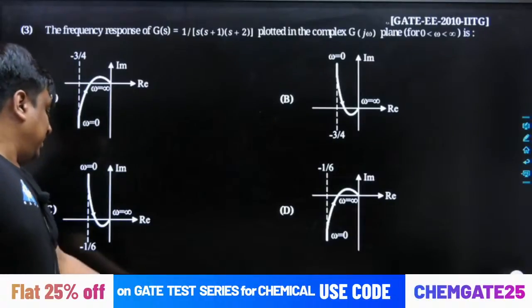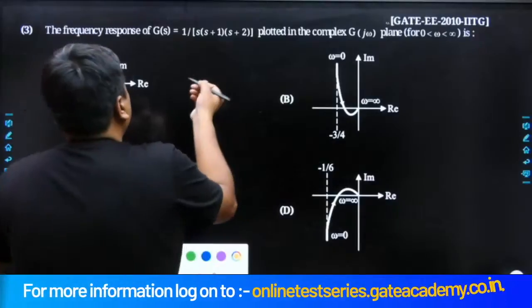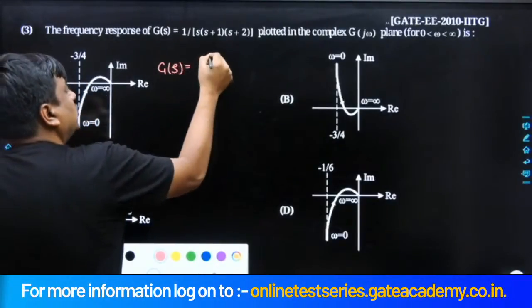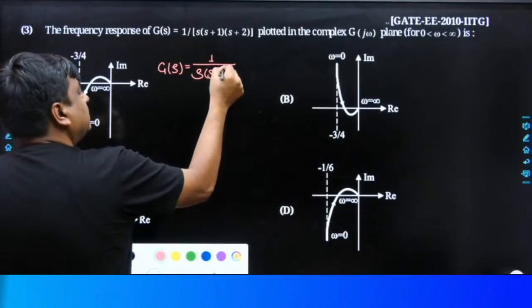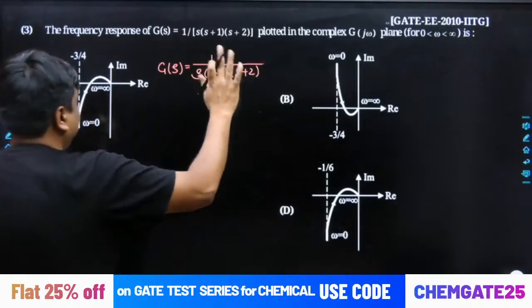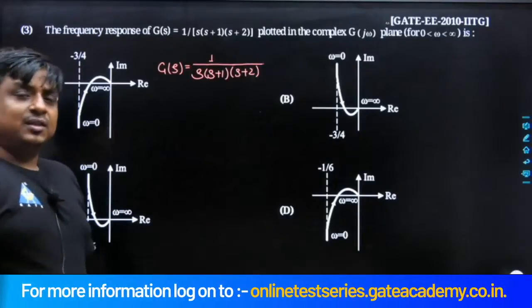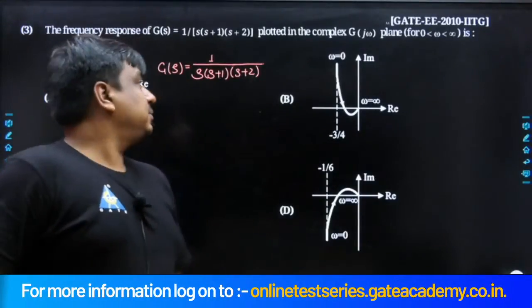See, let me take the reference of the open loop transfer function, and that is GS equals 1 divided by S plus 1, S plus 2. If nothing is given regarding the HS, just take the approximation that the system is a UFB system, unity feedback system.